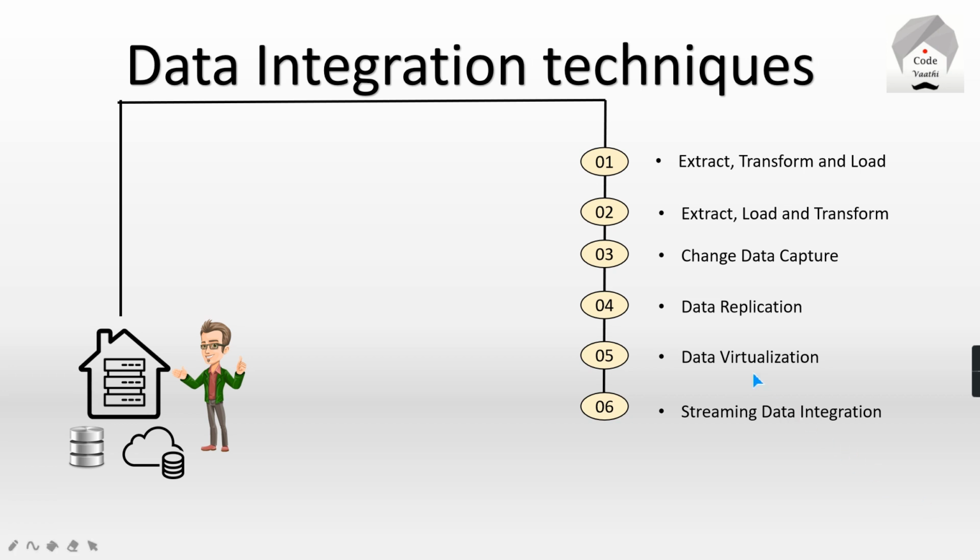And in data virtualization, data from different systems are virtually combined to create a unified view rather than loading the data into a new repository. And streaming data integration is a real-time data integration method in which different streams of data are continuously integrated and fed into the analytical systems for getting an updated view of the real-time data.